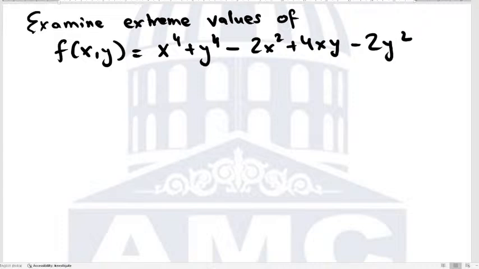All right. So this is the function that we are going to examine the extreme values of.